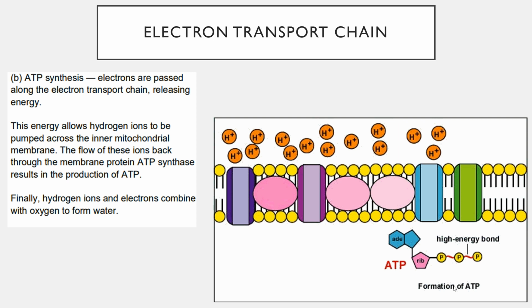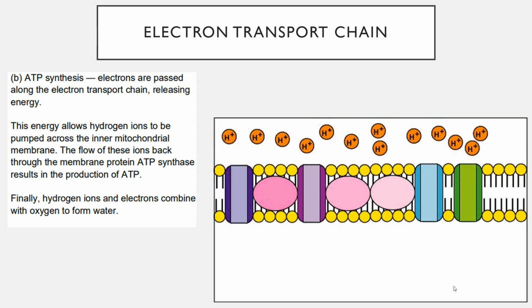The final reaction of respiration is that the hydrogen will combine with oxygen to form our final waste product, water. So the NADH will drop off the hydrogen. The electrons being passed along provide the energy to pass along the hydrogen ions.